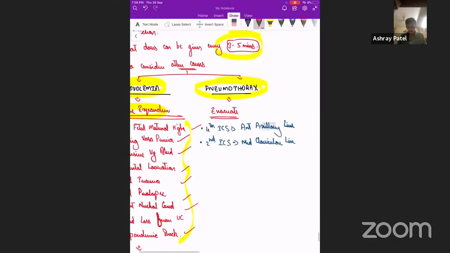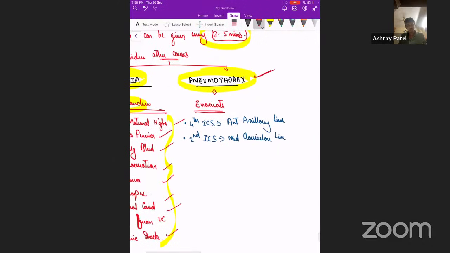Another cause that can be considered is pneumothorax. How do you know pneumothorax is there? When you're bagging, even after you've done everything, there is no effective PPV taking place because the expansion is more on one side and less on the other. Or on auscultating, you're able to hear well on one side but not the other, or there's reduced air entry.